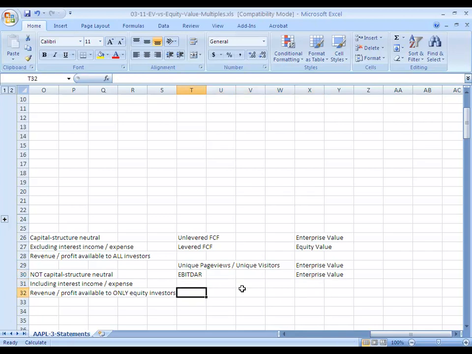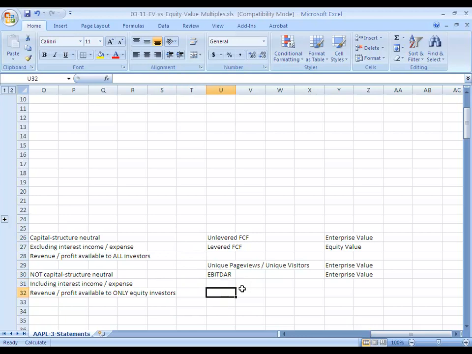Now, in real estate, you have some even more exotic looking multiples. And I'm just going to copy these over a bit so I can make room to show you. With real estate companies and real estate investment trusts, we have multiples like funds from operations and adjusted funds from operations.